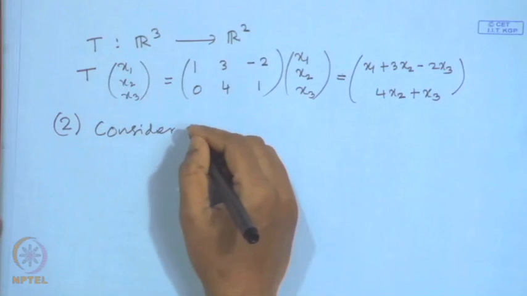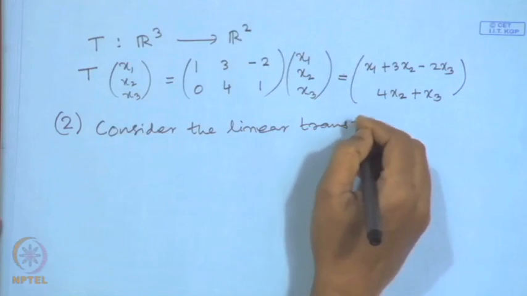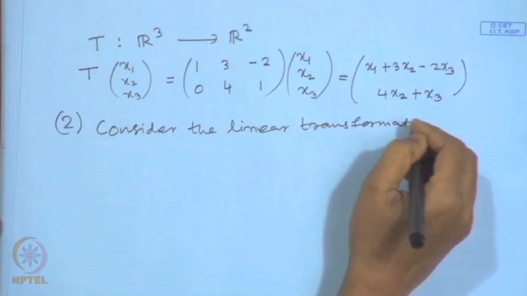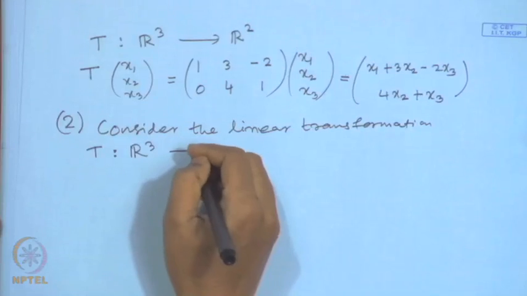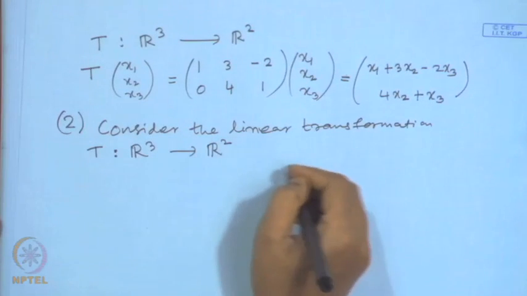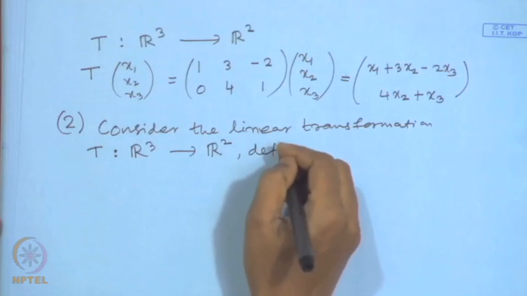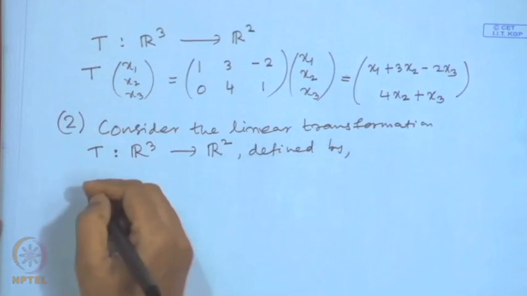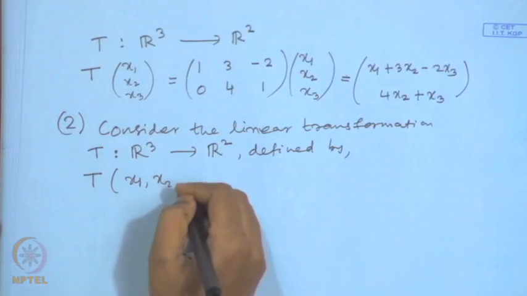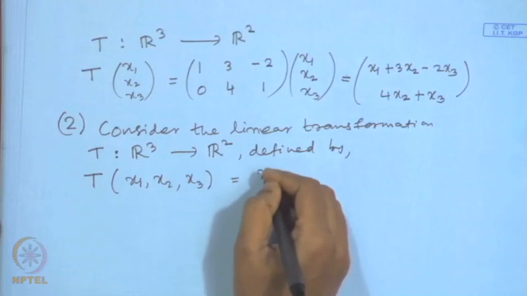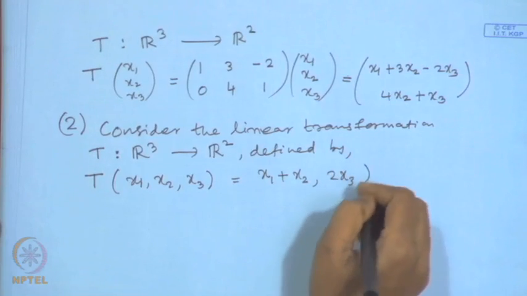Consider the linear transformation T from R3 to R2 defined by T of (x1, x2, x3) is (x1 plus x2, twice x3).